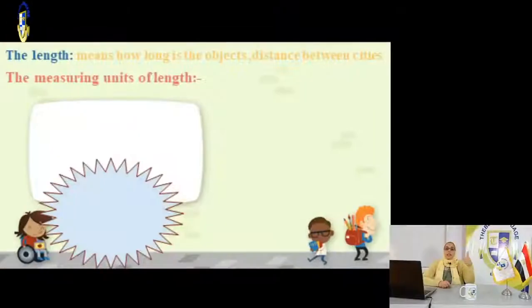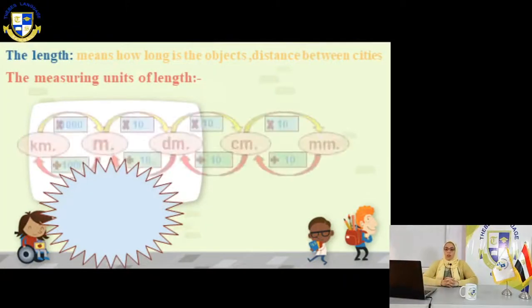We have long objects and short objects. We have distance. Can we measure all of them by the same unit? Sure, we can't. So we have a lot of measurements of length. The first measurement, for the distance between any two cities, we use kilometer.